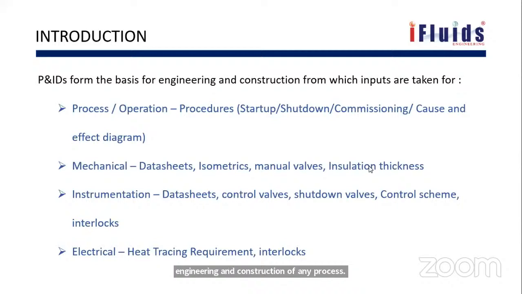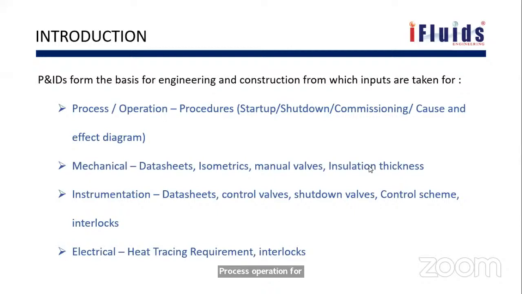As we already said, P&IDs form the basis for engineering and construction of any process plant. P&ID is the most important document from which other disciplines take inputs for further engineering. For example, these are the main documents for which P&IDs form the basis. First, process operation, for which we'll have procedures.